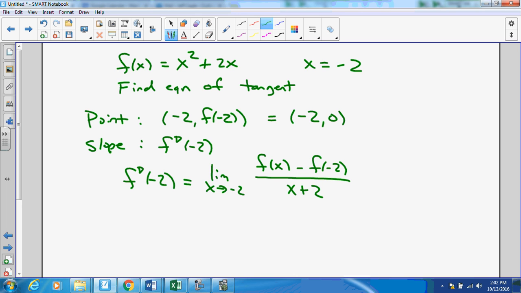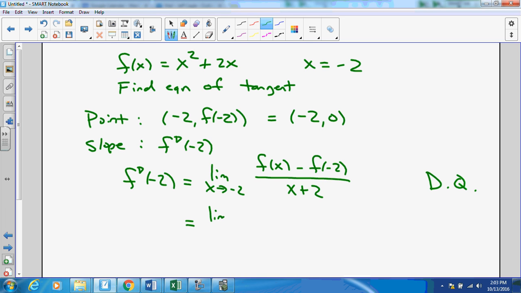The mistake that I just almost made right there with the negative sign, you've got to watch for. Since x is going to -2, we've got to remember that x minus -2 is x plus 2. So that's our difference quotient.